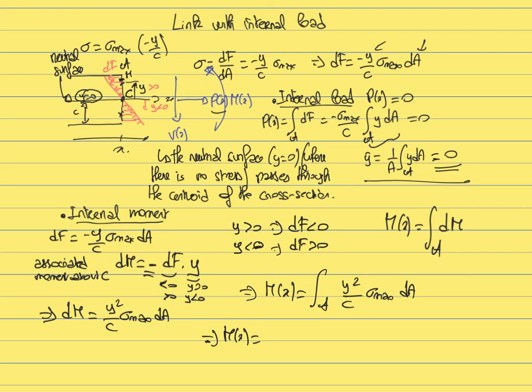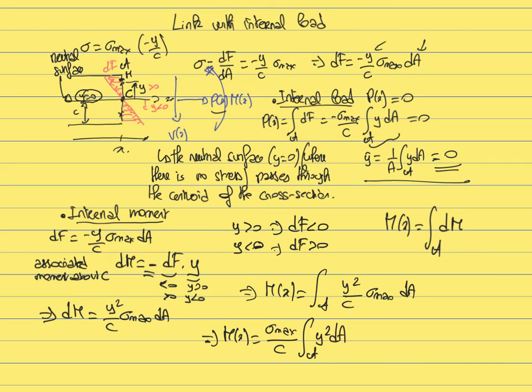So this is something that is constant. I can take it out of the integral, and then I have sigma max, which is the maximum value of the normal stress. That's also a constant. I can take it out of the integral. So what I end up with is this. So I have sigma max divided by c times the integral over A of y squared dA.